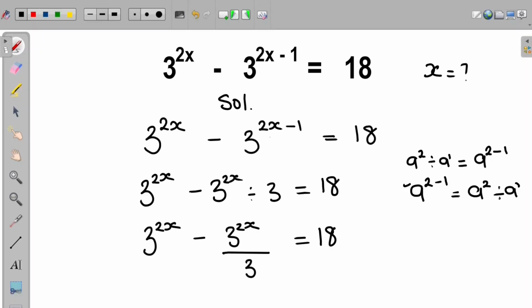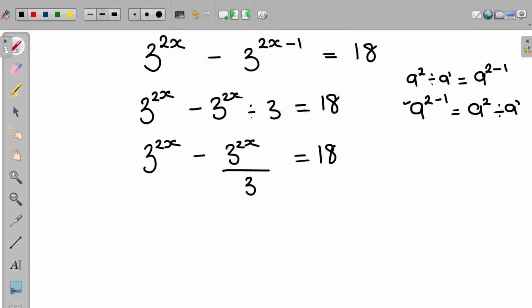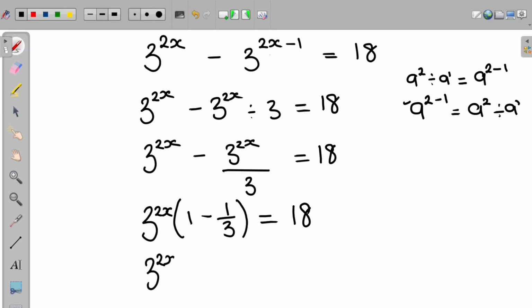If we factorize 3 raised to the power of 2x, the equation becomes 3 raised to the power of 2x, open your bracket, 1 minus 1 divided by 3, equal to 18. Now, if we simplify the term inside the bracket, this becomes 3 raised to the power of 2x, open your bracket, 3 minus 1, all divided by 3. This is equal to 18.